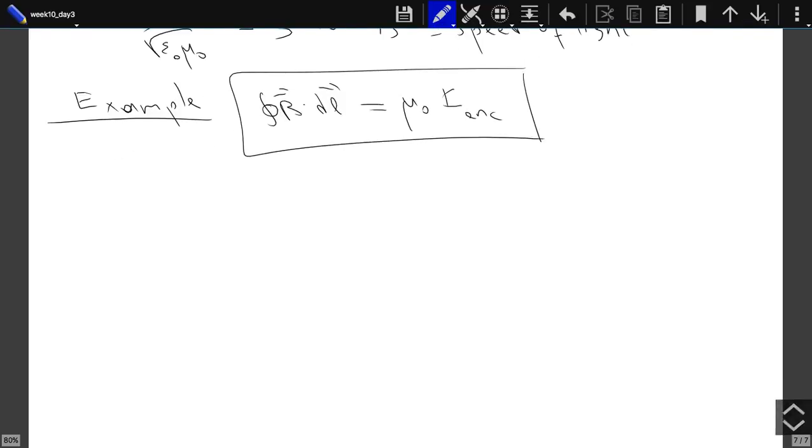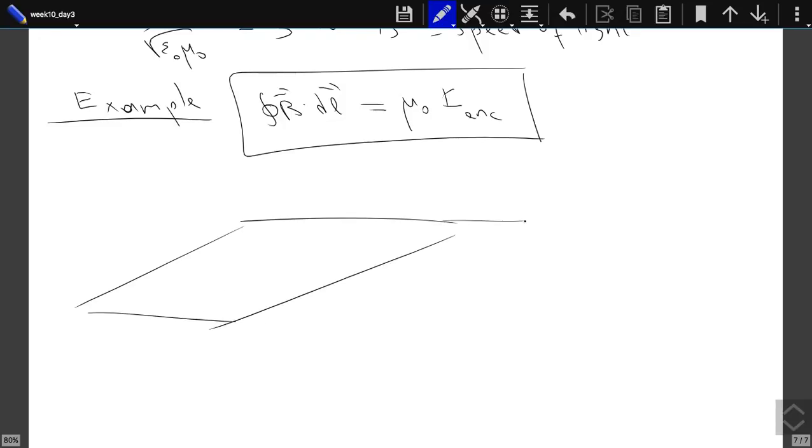Now let's take this example of an infinite planar sheet that has a uniform surface charge density. It is infinite in every direction, and it has a surface charge density sigma.